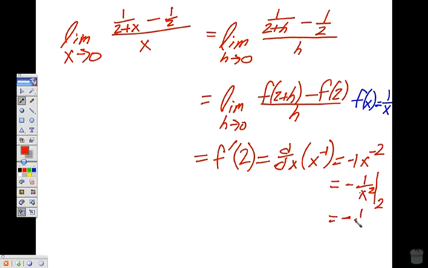Negative 1 over 2 squared, negative 1 over 4, negative 1/4. So you don't have to pull all those algebra tricks if you recognize that this limit is really just the derivative of 1 over x evaluated at x equals 2. Alright, that's that.